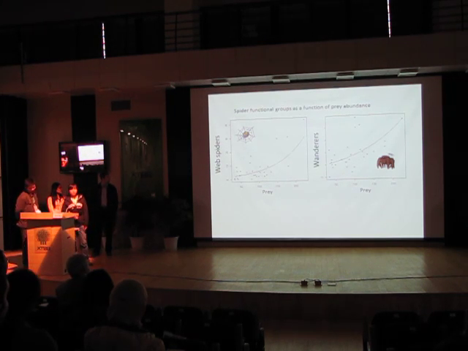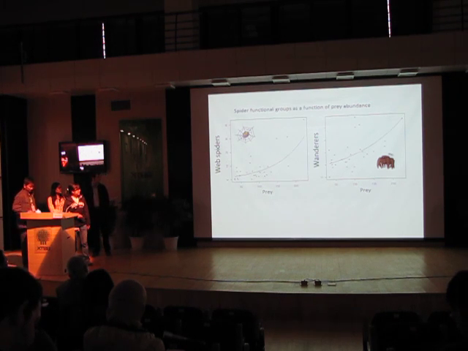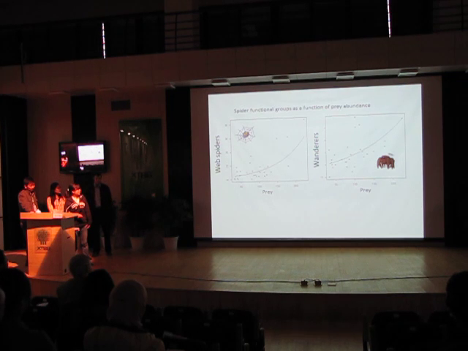This figure shows that prey abundance is a good predictor for both web and wandering spiders. They all have a significant positive relationship with prey abundance.